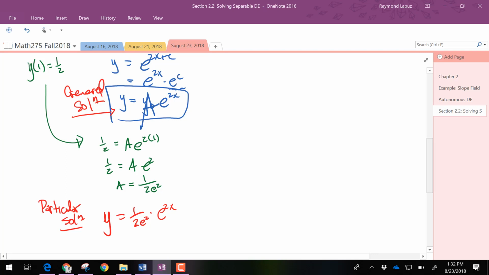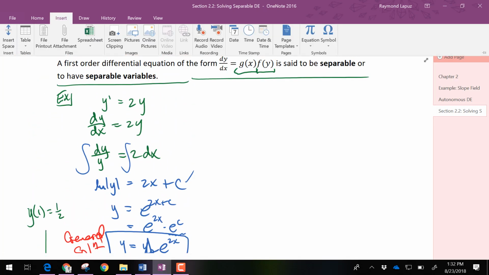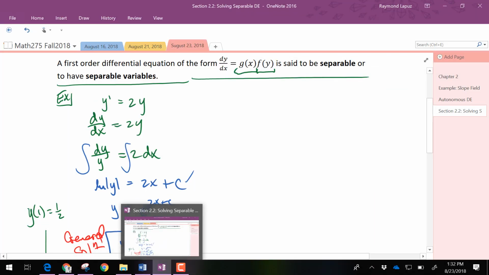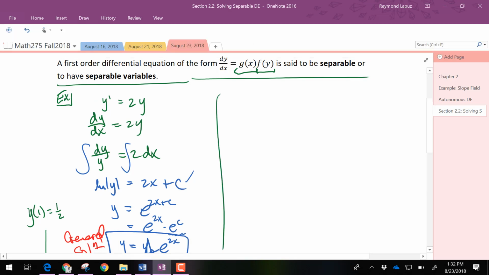Now, we also had our example. We had another example. Was it negative x over y? Something like that. Now this is also separable. So dy dx is equal to negative x over y.